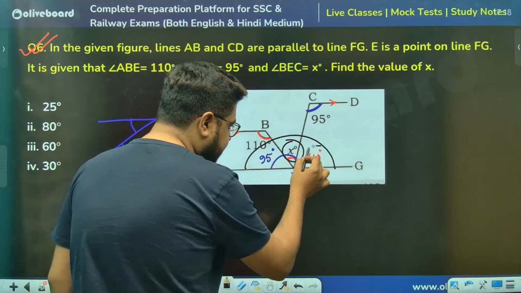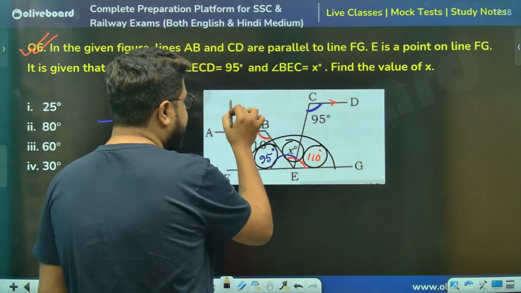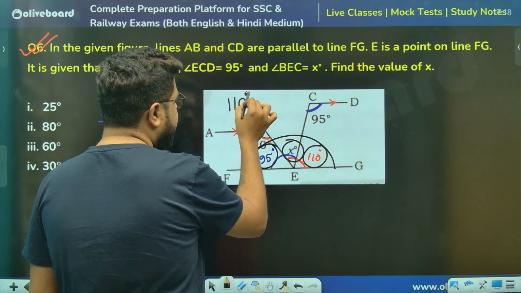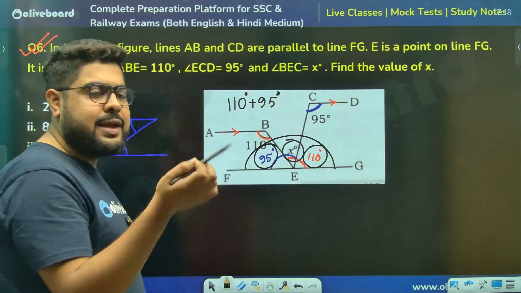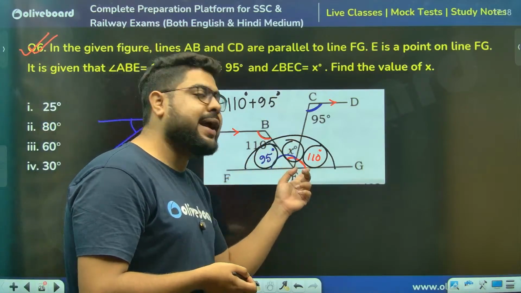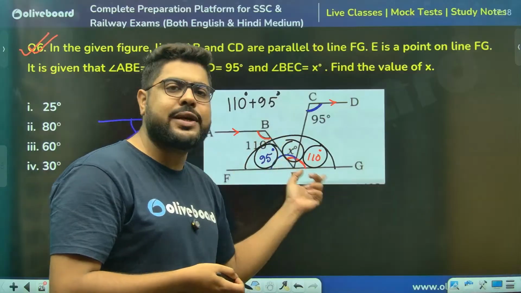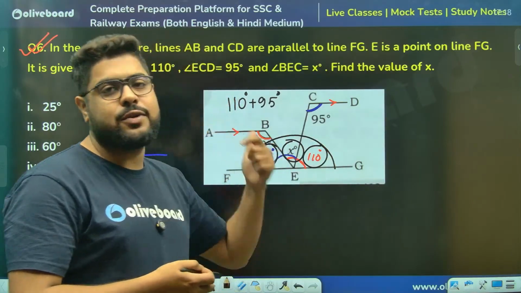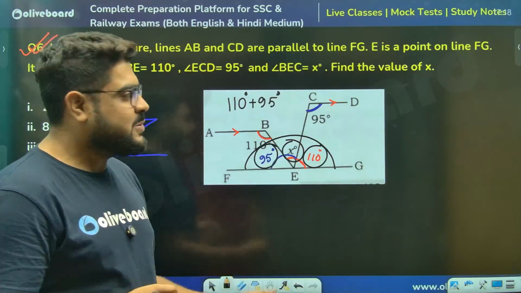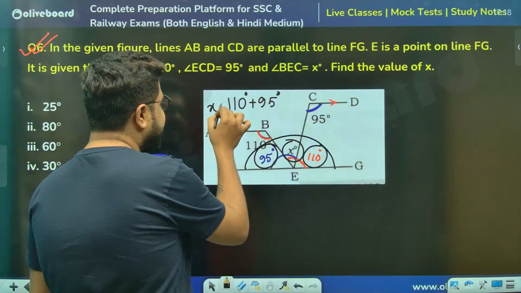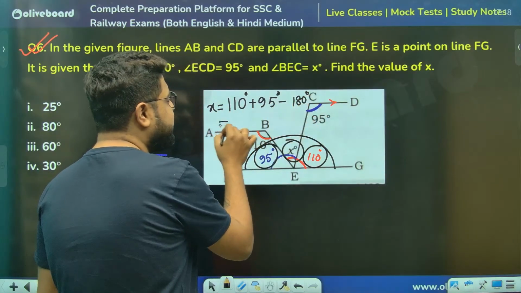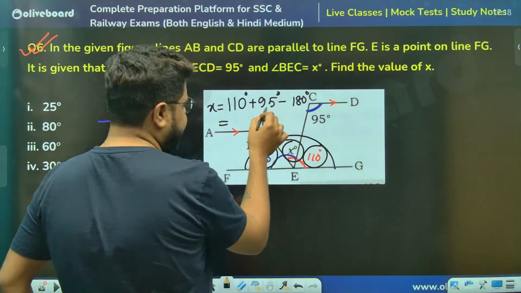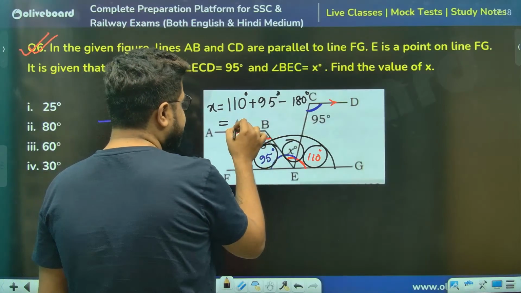So if I take 110 plus 95, that is greater than 180. Why? Because in this sum, I have taken X. 95 also includes X, 110 also includes X. So the value of X is this minus 180 degrees. So it will be how much, sir? 205 minus 180 is 35 degrees.